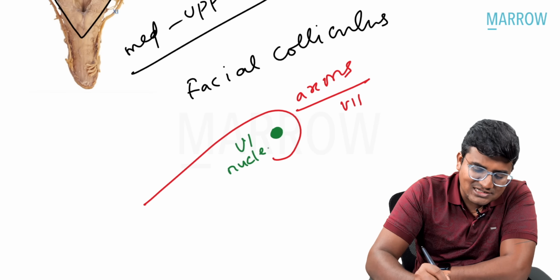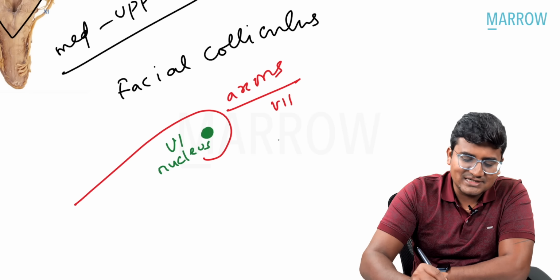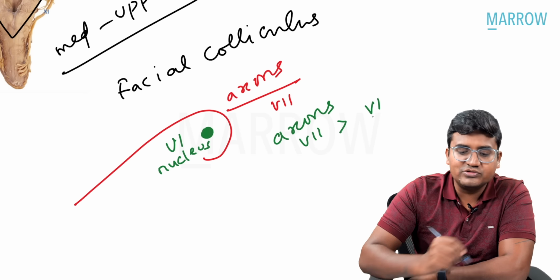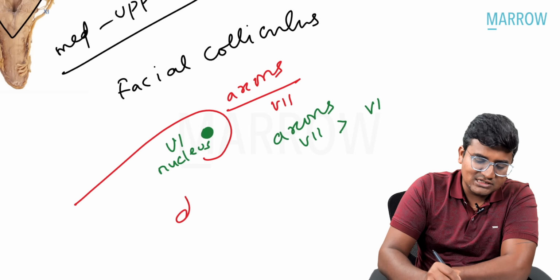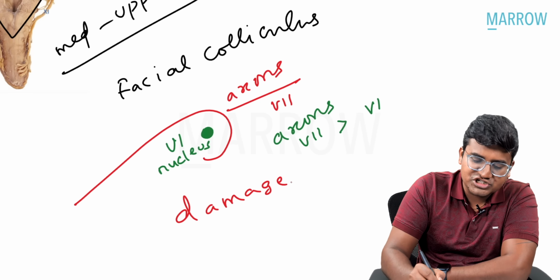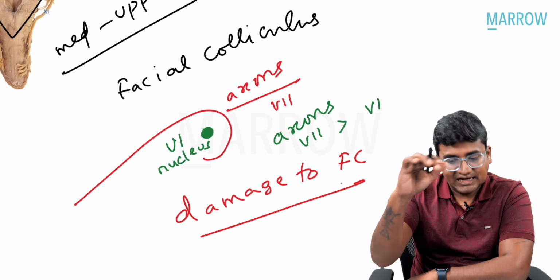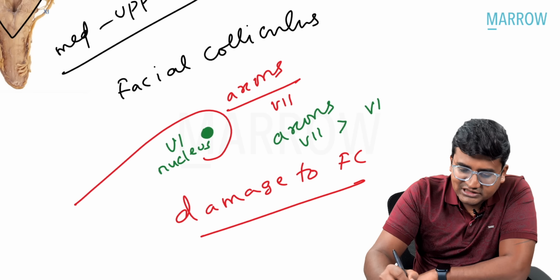Sixth nerve nucleus is present. So facial colliculus is due to, what is the answer? The axons of facial nerve greater than abducent nerve nucleus. So damage to facial colliculus means the axons of facial nerve are affected greater than our abducent nerve nucleus. Now see the question.